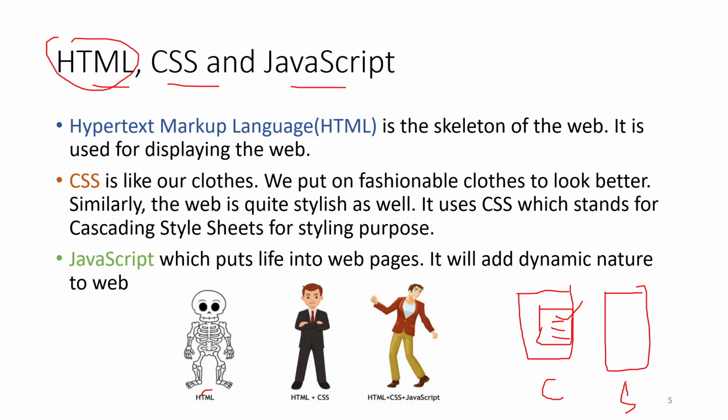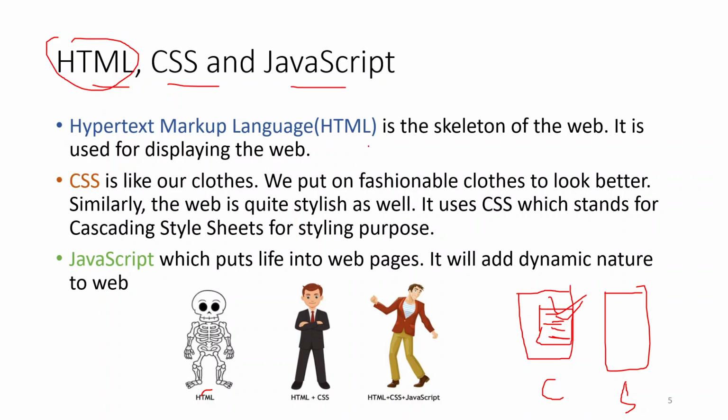We can say it is the skeleton of the web page. All the elements we write using the HTML language. And to provide styling, like color, design, and alignments, we use CSS.